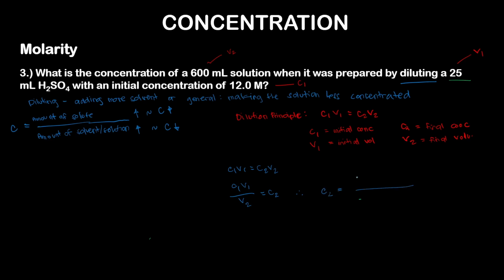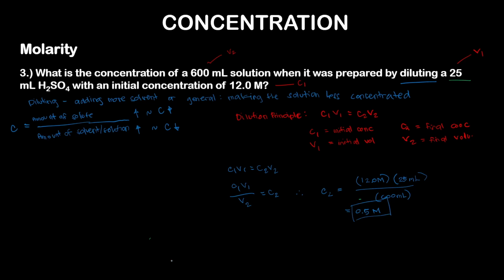Your C1 here is 12 molar, your V1 here is 25 ml, and your V2 here is 600 ml. Then solve it. 12 times 25 over 600, that would be 0.5 molar. Okay, so that's easy.